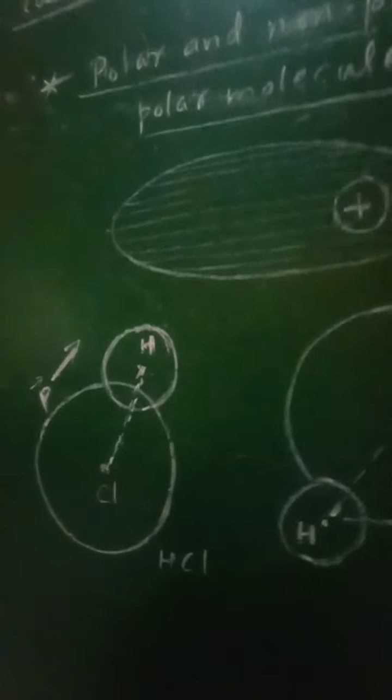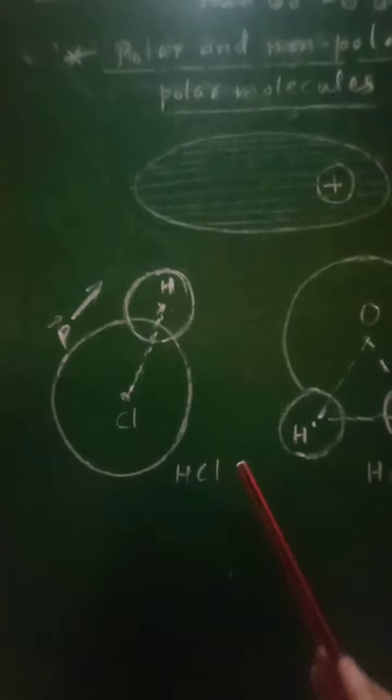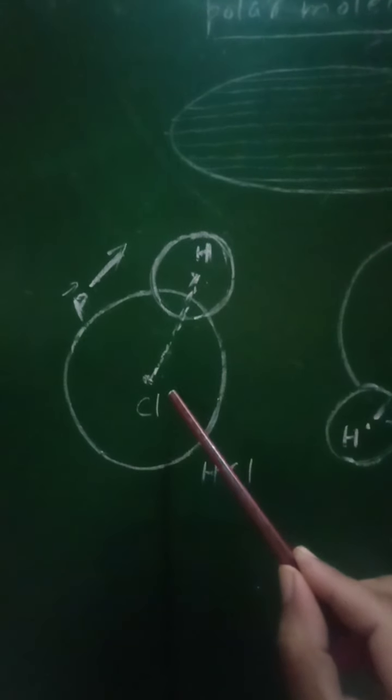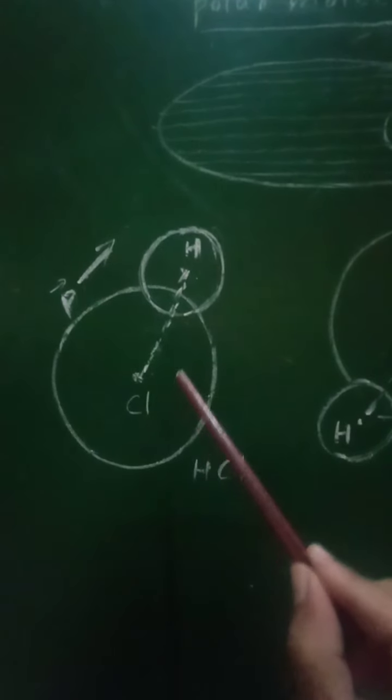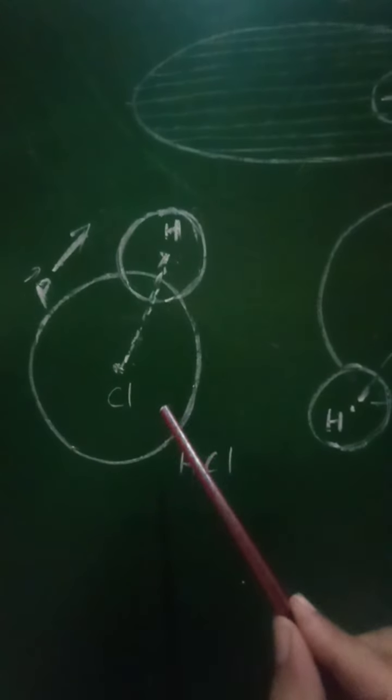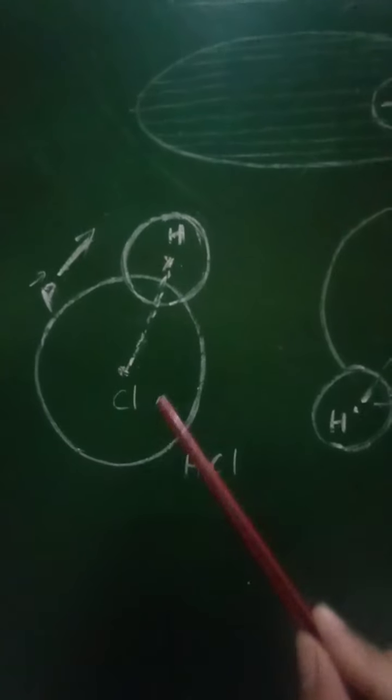For example, the HCl molecule is considered. In this case, the center of mass of the positive charge for both these atoms and the center of mass of the negative charge for both will not lie at the same place, and hence it is a polar molecule.